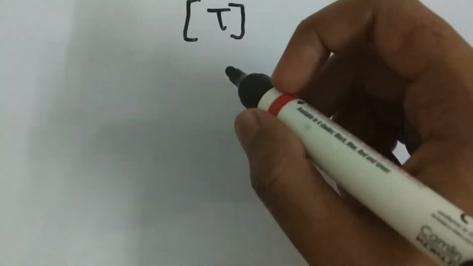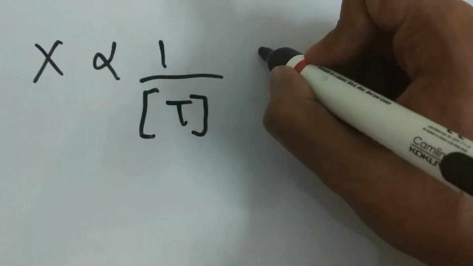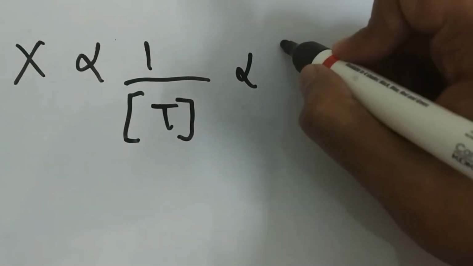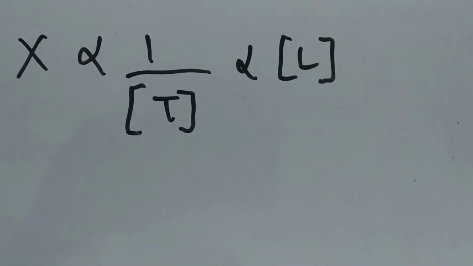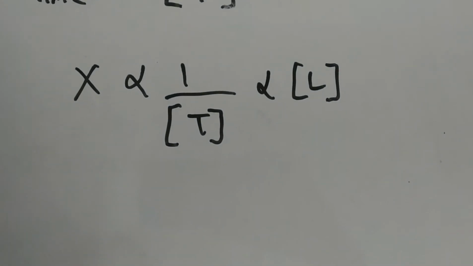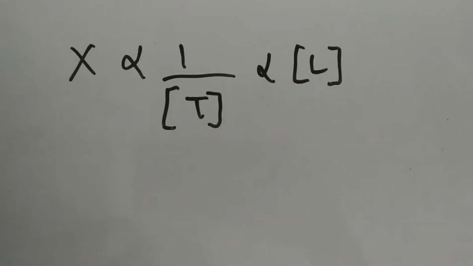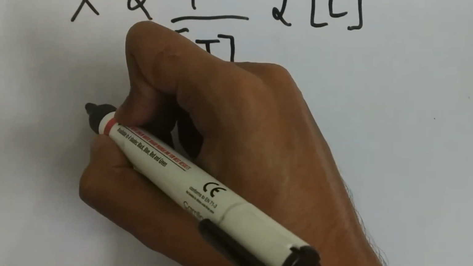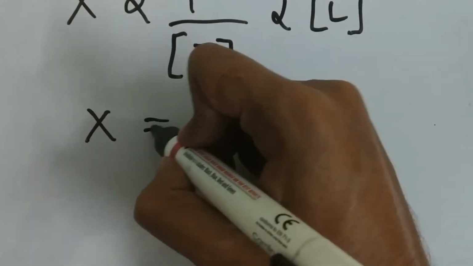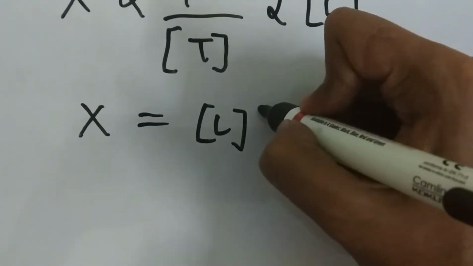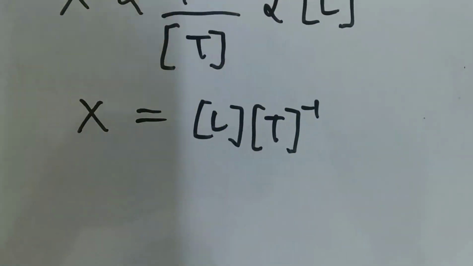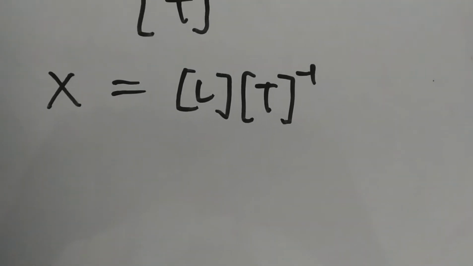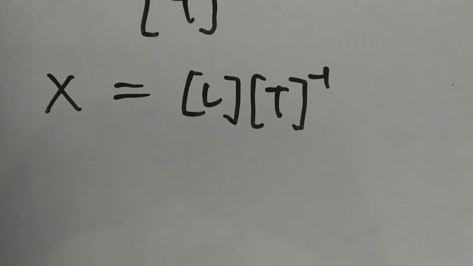Then you are given another piece of info that your quantity x is directly proportional to length. That is, as the distance increases, your quantity x increases. So through dimensional analysis, you can write the dimensions of x as L T to the power minus 1. So just by knowing its dimensions, you can predict what the quantity is. Now here, your x is nothing but speed.